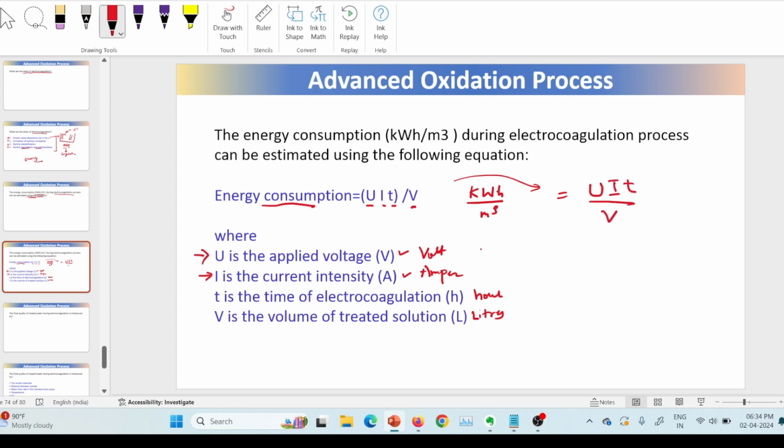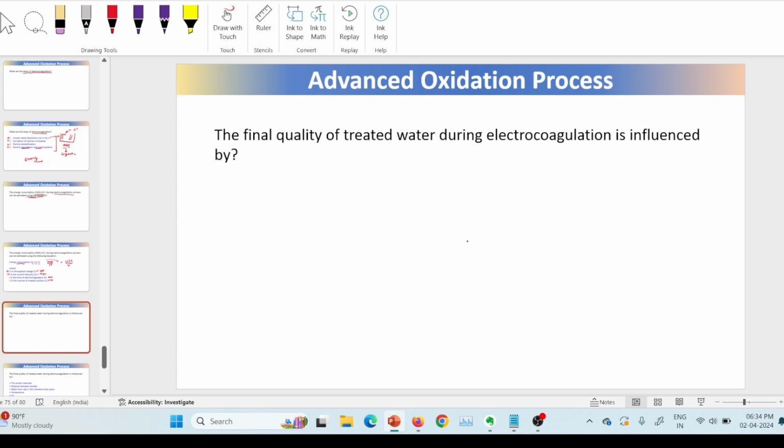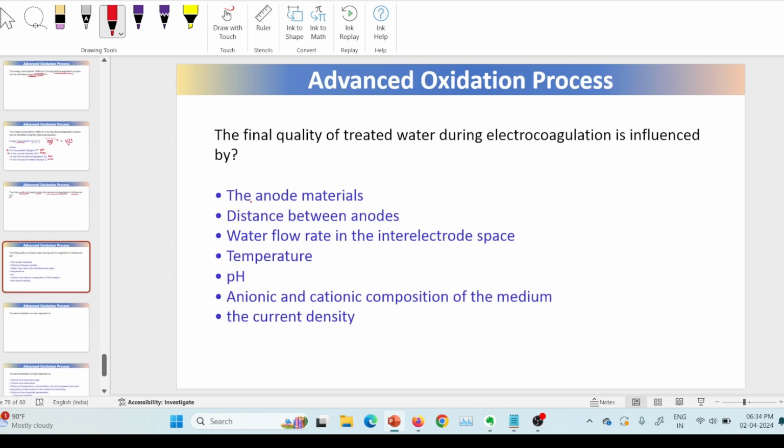The final quality of treated water during electrocoagulation is influenced by the anodic material.